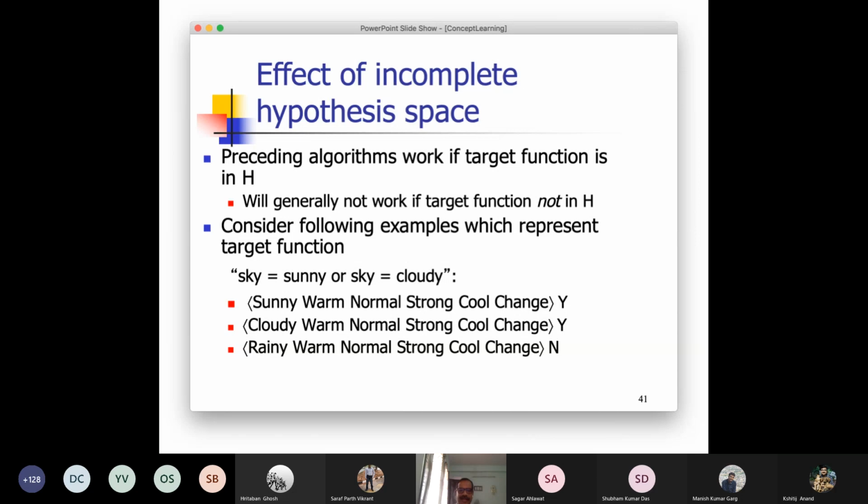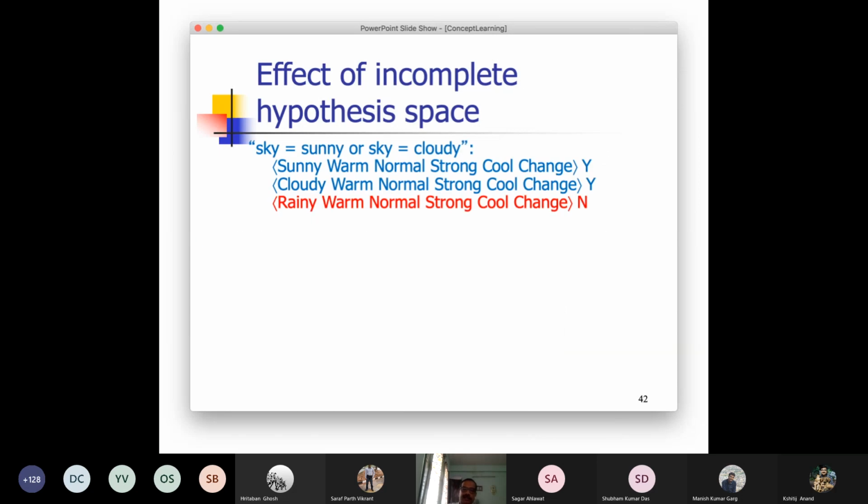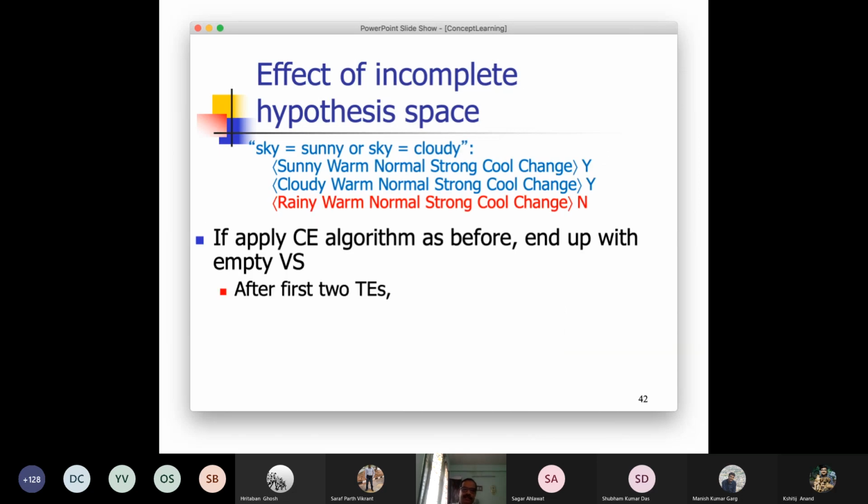There has to be sunny with all question marks. And since you have this negation, there is a contradiction, and you have to remove the specialization case also, and your version space will be empty. I hope you have understood that.